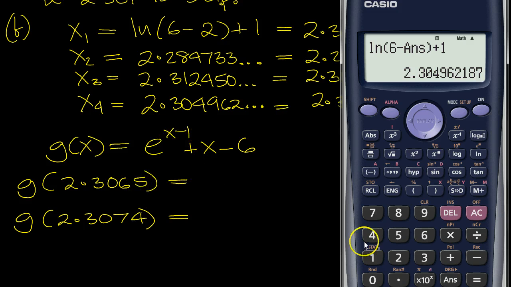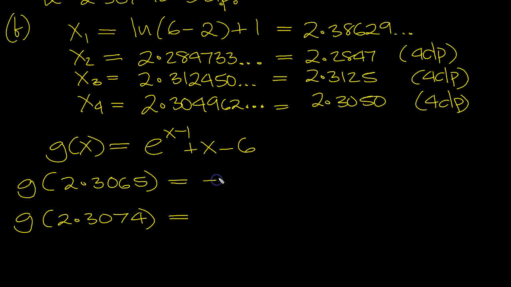So e to the x minus 1, so it's 2.3065 minus 1, that's what we got there, plus 2.3065 minus 6, which is minus 2.75 times 10 to the minus 4, which is less than 0.